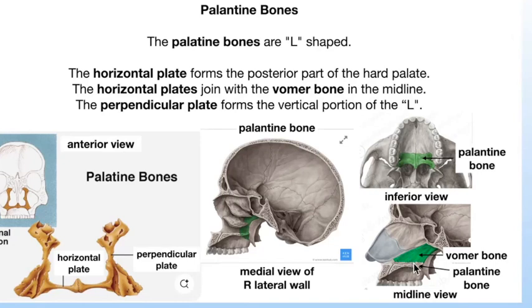But if you look at a sagittal view, again, you note that the palatine bone, along with the maxilla bone, have a superior surface. The palate has a superior surface, and the superior surface of the hard palate supports the vomer bone, which is the lower part of the nasal septum.